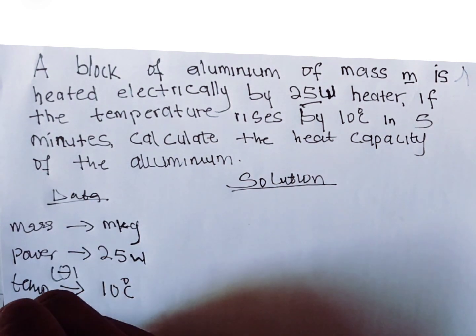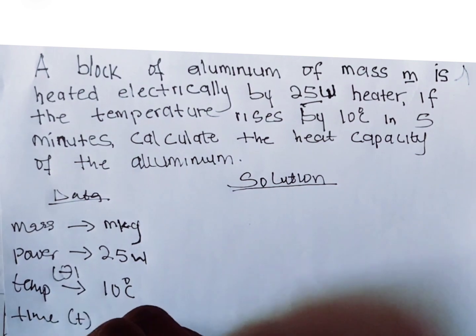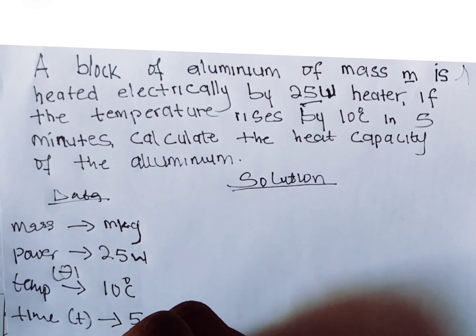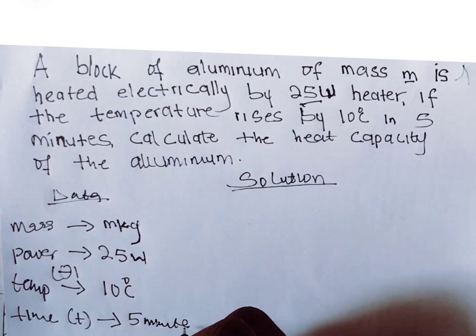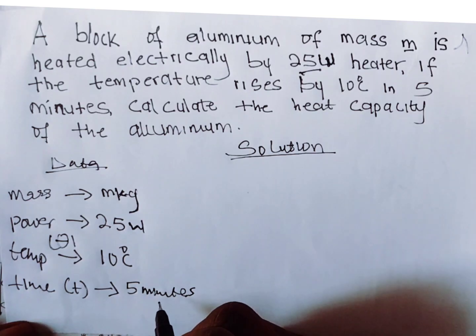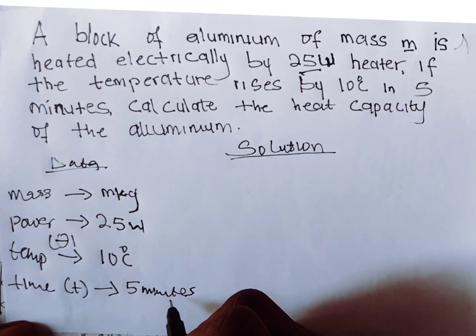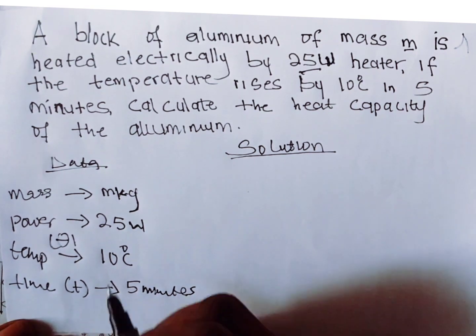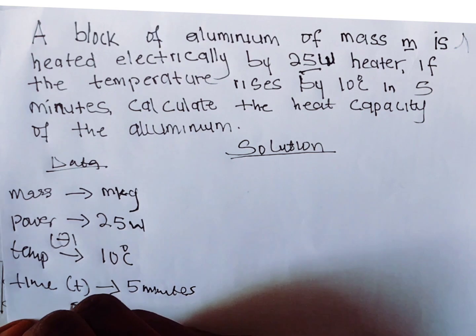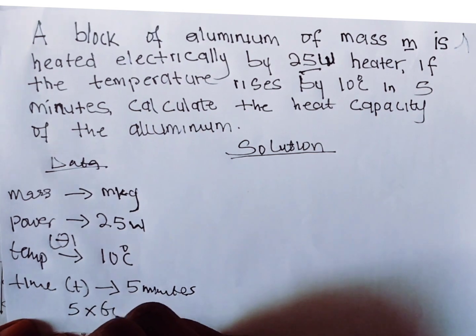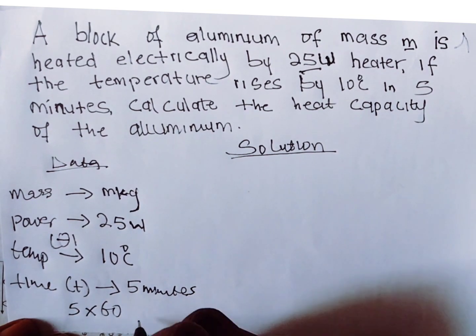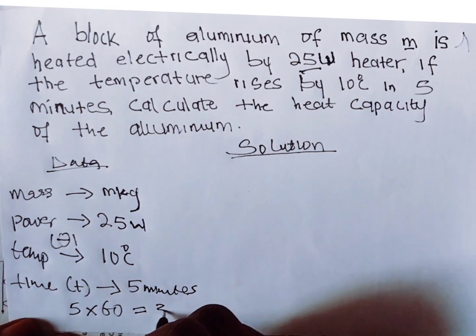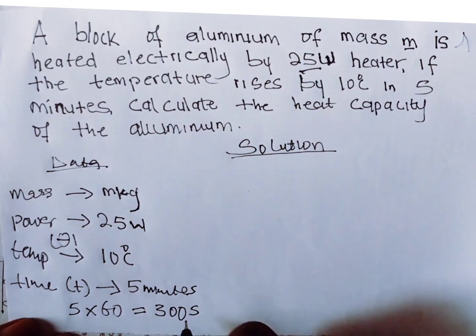So we write time, T, as 5 minutes. Don't forget that you cannot solve this question in minutes because the standard unit for time is second. So let's change this time to seconds. It becomes 5 times 60, which gives us 300 seconds.